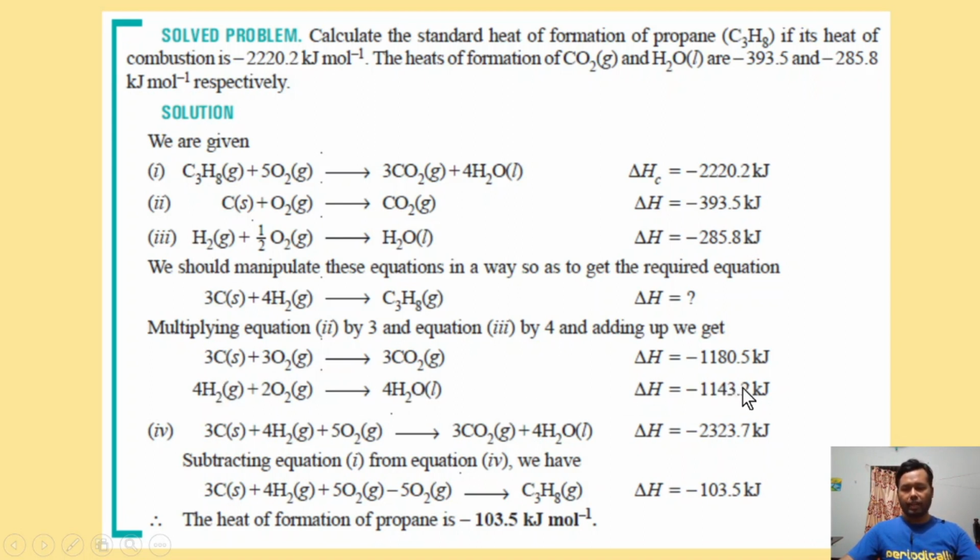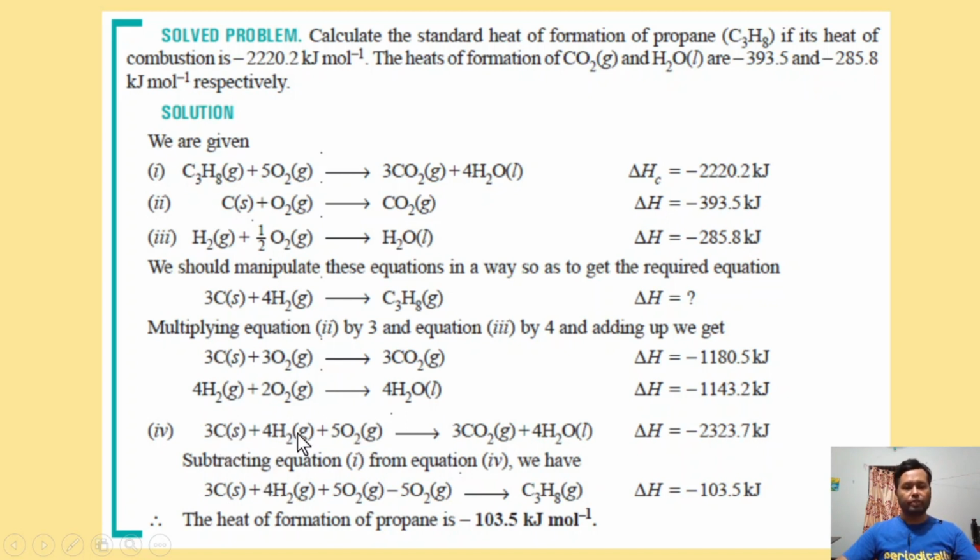This energy corresponds to 4 multiplied by this. So here is equation number 4, you can see. After summation of these two equations, we are going to get equation number 4.